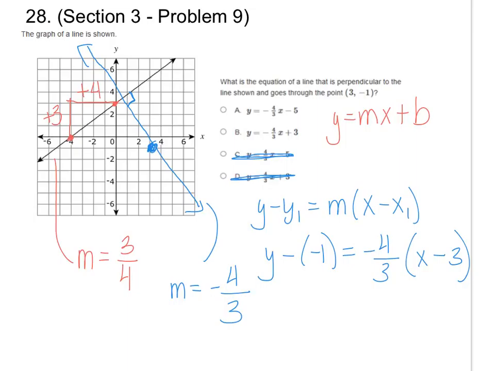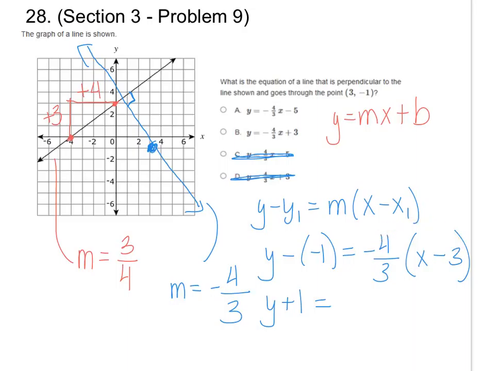First, y minus a negative 1, I can rewrite as y plus 1. Then I'm going to distribute the negative 4/3 to the x and the negative 4/3 to the negative 3.